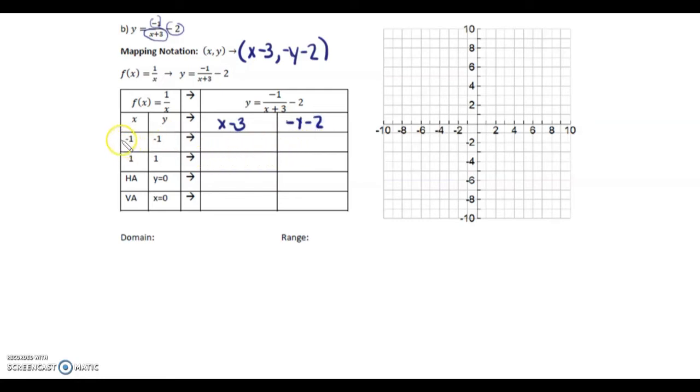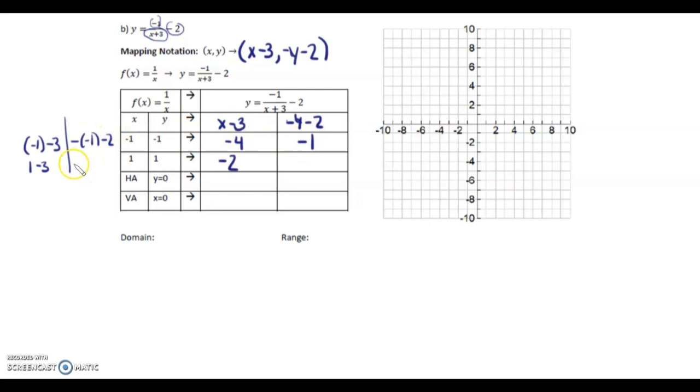If we were to plug in -1 for x, we would get -1 minus 3. I get -4. Now 1 minus 3, I get -2. Now for the y's, I'm going to sub in -1. So it's the negative of -1 minus 2, so that's 1 minus 2, I get -1.